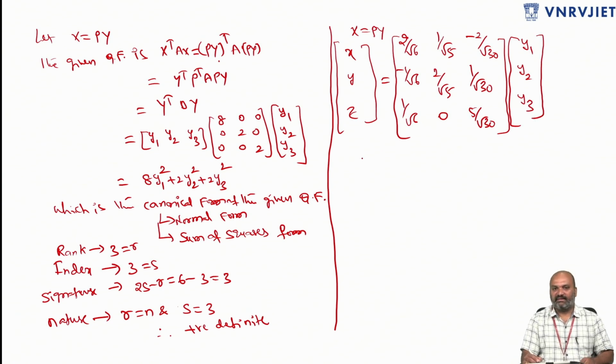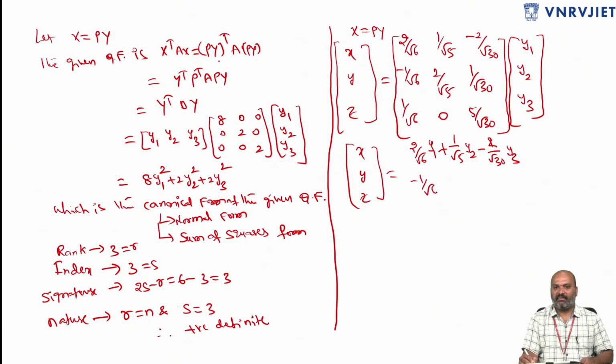Now simplify. This is x, y and z. So the matrix 3 by 3 into 3 by 1, the resulting matrix is 3 by 1. See this, 2 by root over 6 into y1 minus first row with all. So plus 1 by root over 5 into y2 minus 2 by root over 30 into y3.